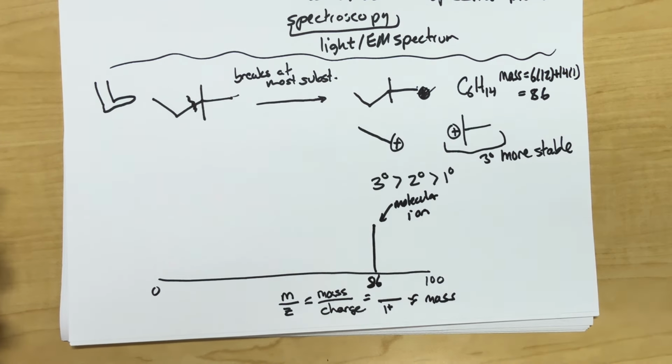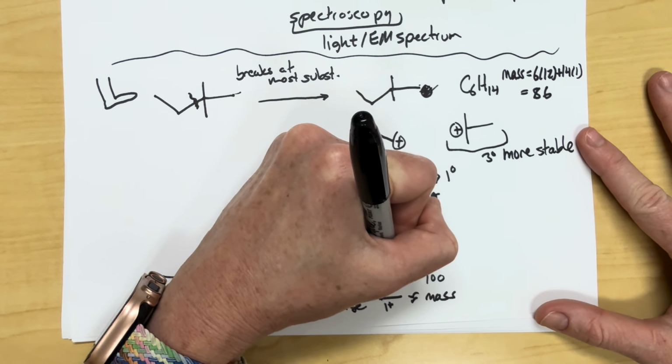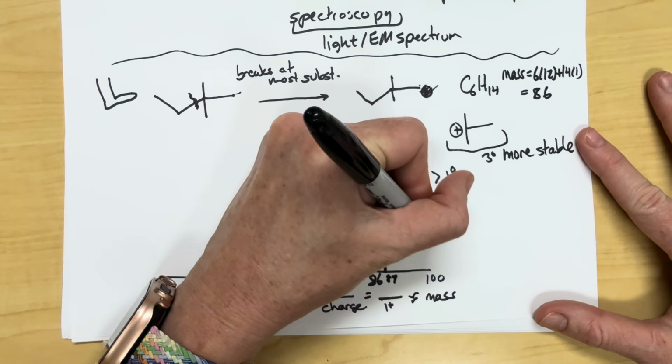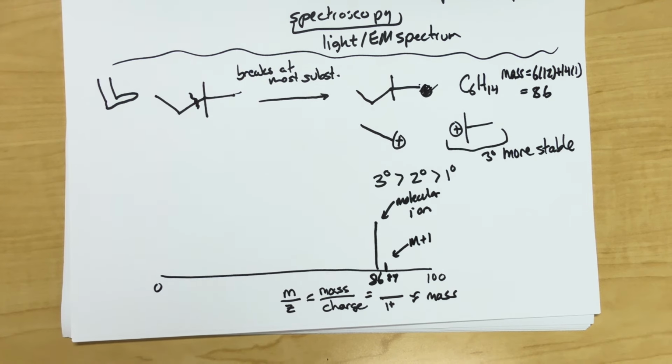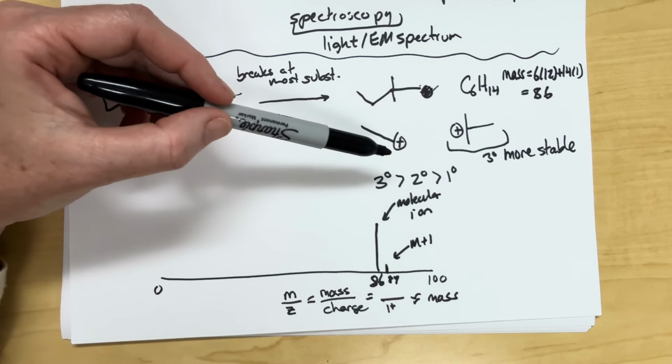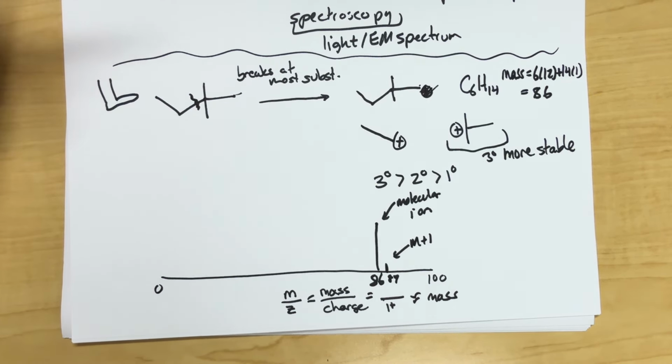Then you would have another peak at m plus 1, so 87. The reason you have another peak at m plus 1 is because of isotopes. Hydrogen sometimes has an isotope that has a mass of 2.